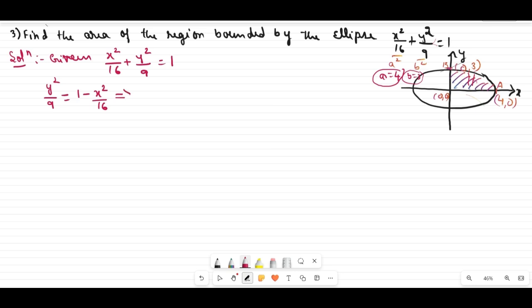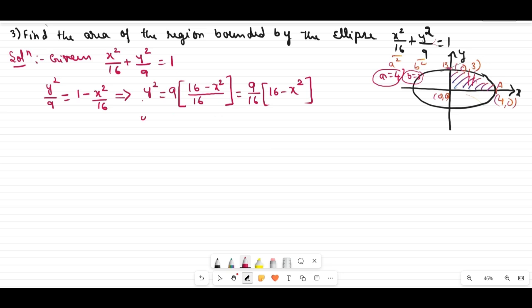We don't want this 9 on the left hand side, that's why I will shift it to the right hand side. It goes to the numerator of the right hand side. After taking the LCM for those two terms, 16 is the LCM, 16 minus x square. I will take 16 outside. It becomes 9 by 16 into 16 minus x square. This is y square.